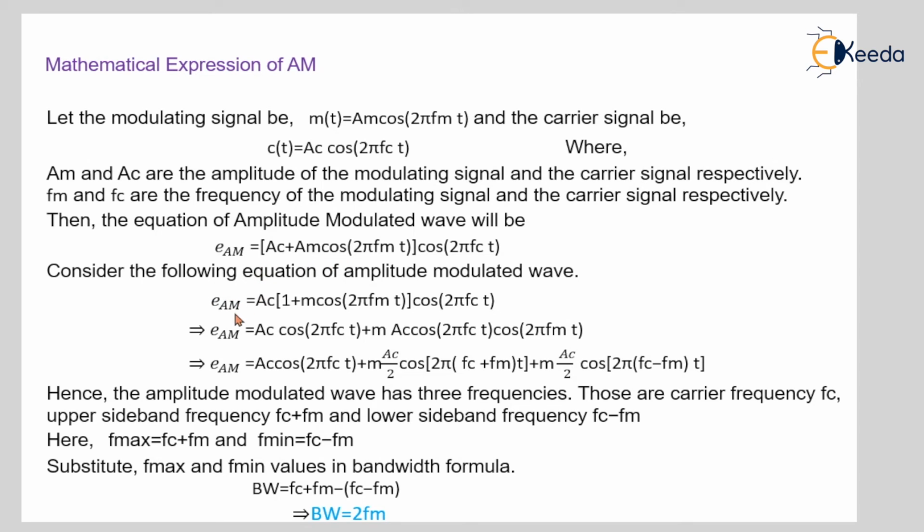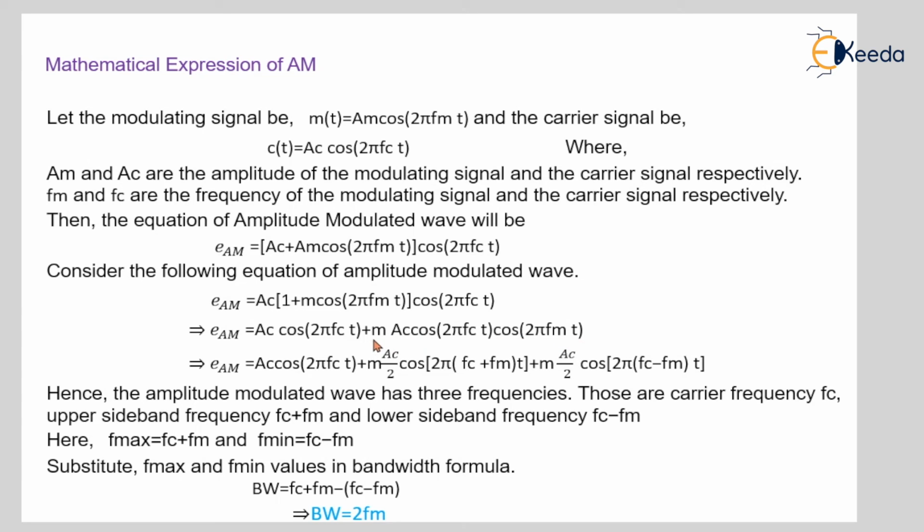Now in E of AM, we have taken AC as the constant common and taken it outside: 1 plus m cos of 2 pi fm t, into cos of 2 pi fct. E of AM equals AC cos of 2 pi fct plus m times AC cos of 2 pi fct cos of 2 pi fm t.